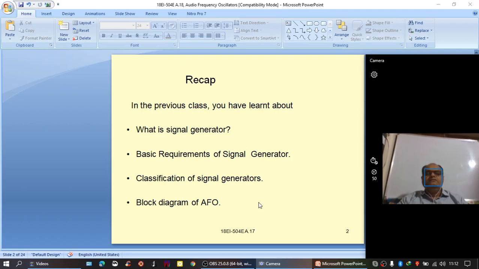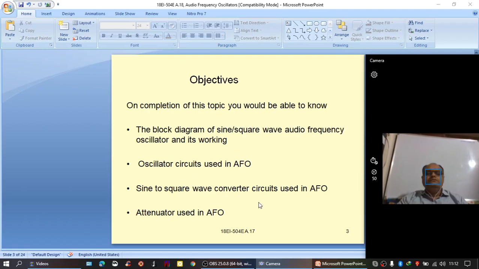Now let us try to know about the block diagram of sine or square wave audio frequency oscillator. Oscillator circuits used in AFO, sine to square wave converter circuits used in AFO, and then attenuator used in AFO.